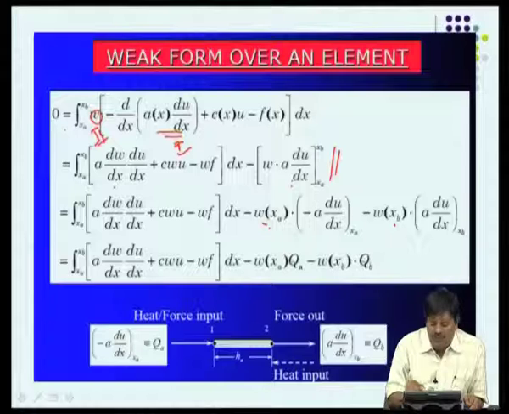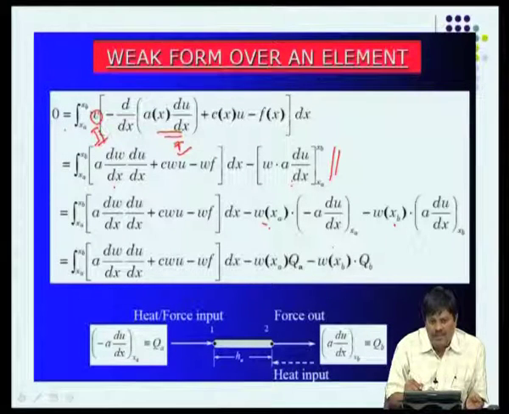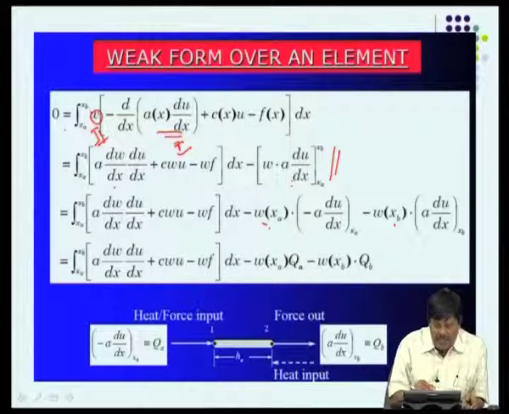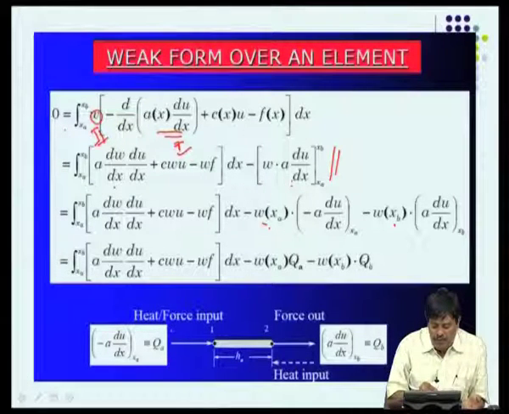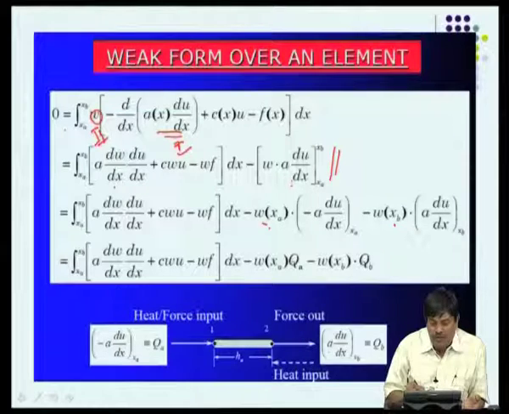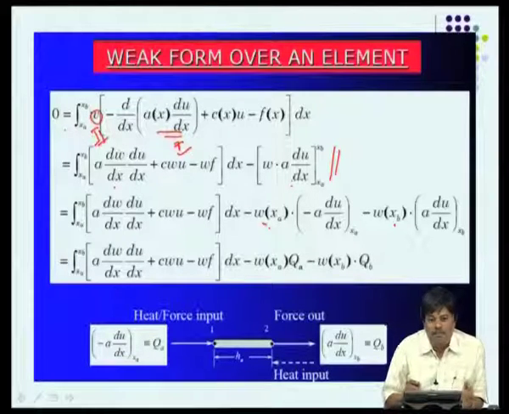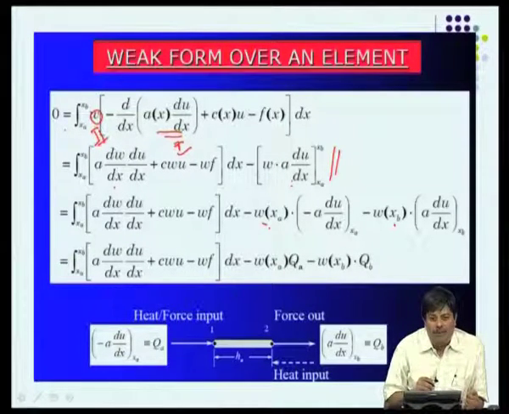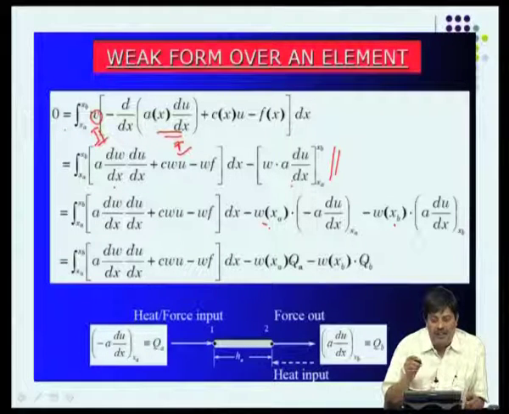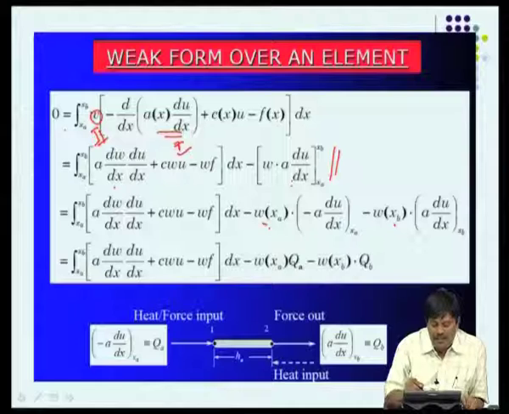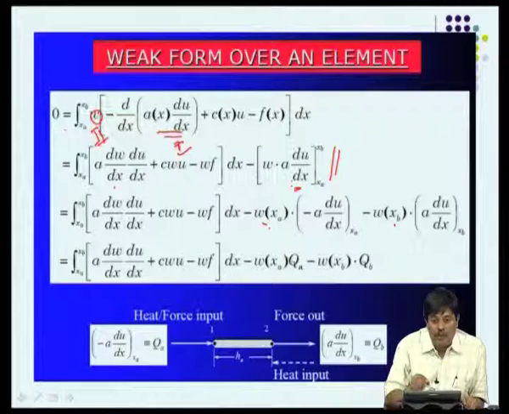The derivative is basically a flux term, which we call forces or heat flux, as the case may be, depending upon the problem you solve, and a set of equations in this form. As I said earlier, A du by dx could be thought of as a force input at xa and a force output at xb, or a heat input at xa or at xb. So, these are the boundary terms, and by doing this variational form, by weighting it with a function, we always get the form that this flux input takes in relation to the dependent variable.